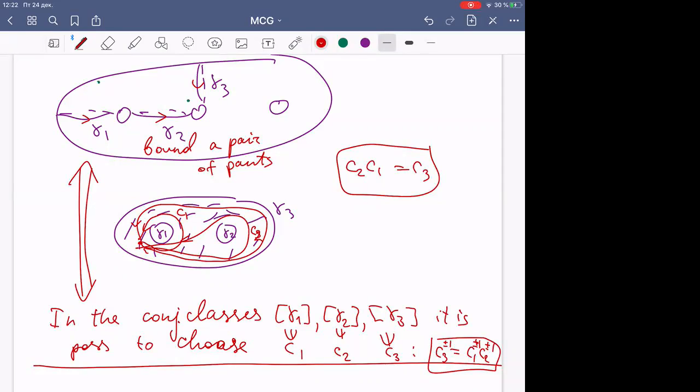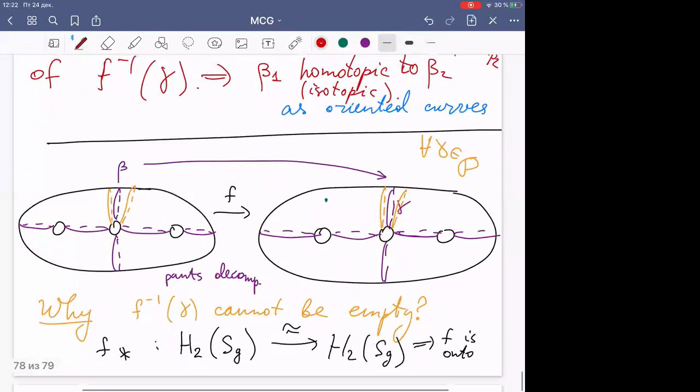If it is so, then we easily have a pair of pants. If we have a pair of pants, then choosing appropriately a base point, we can achieve that this is true. And this characterization is preserved by homotopy equivalence. It is a characterization only in terms of the fundamental group, and only in terms of its conjugacy classes. And conjugacy classes of the fundamental group are preserved under homotopy equivalence.